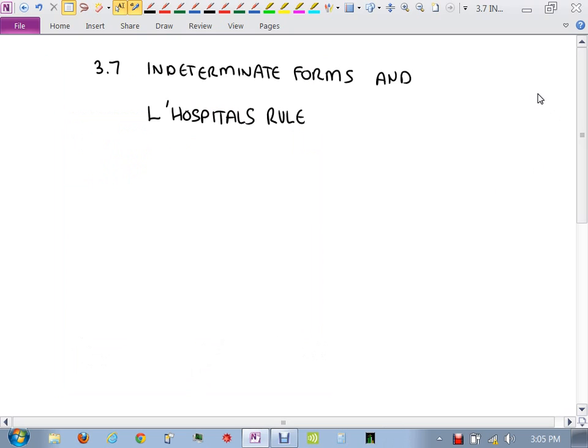Okay, this section is called Indeterminate Forms and L'Hôpital's Rule. It's pronounced L'Hôpital.